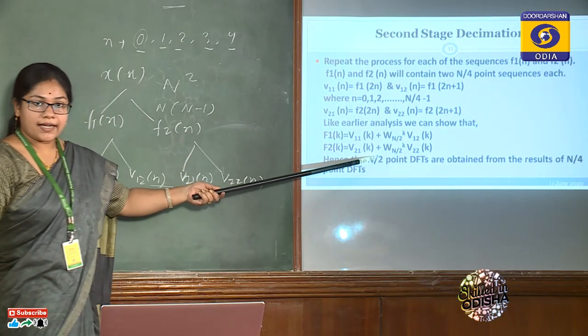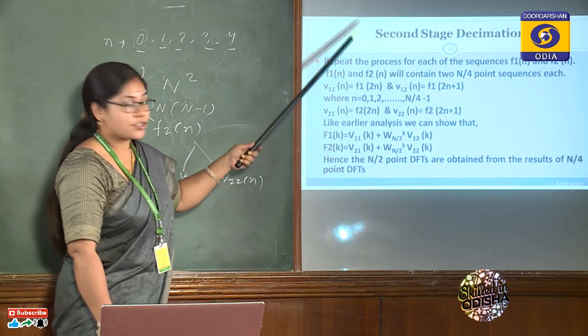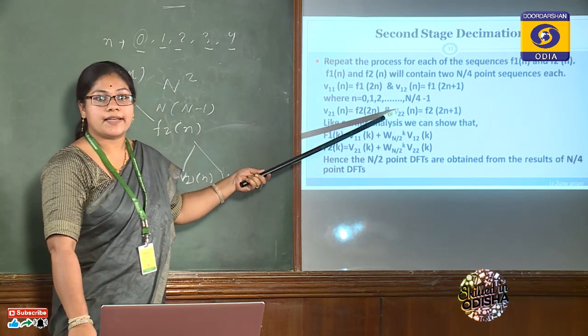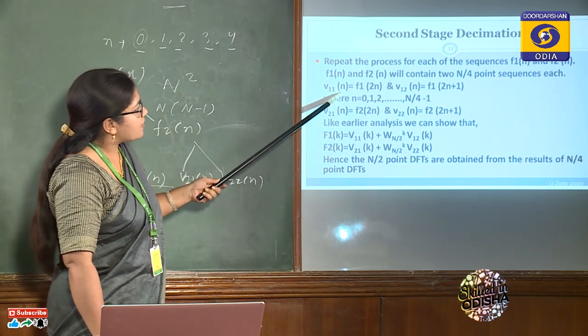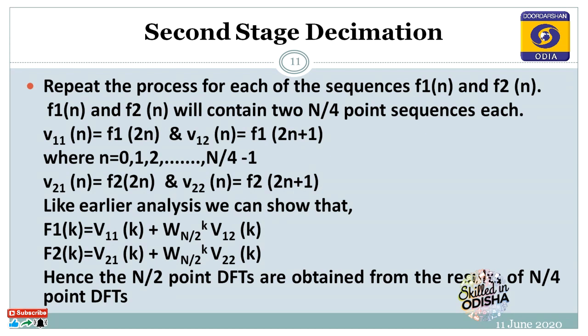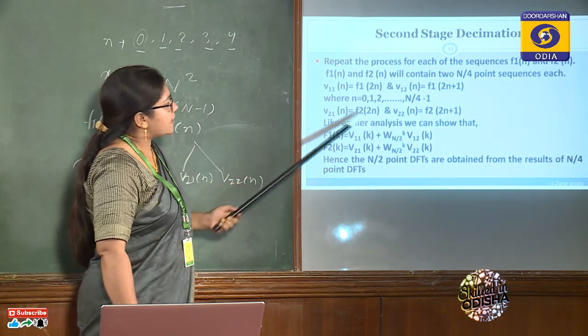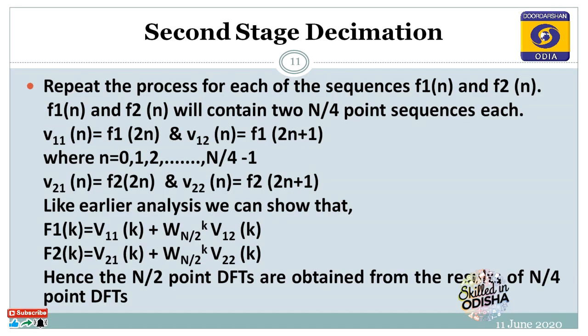This division will continue until you get a 2-point DFT. Whatever conclusion we got, we simply replace it. So v11(n) will take the even index samples, and v12(n) will take the odd index samples. Similarly v21 and v22 of n.